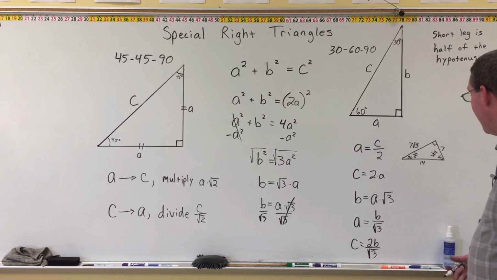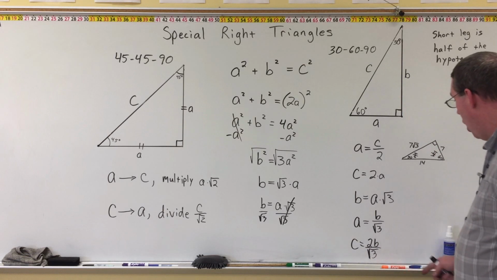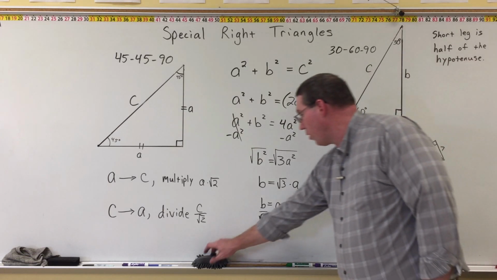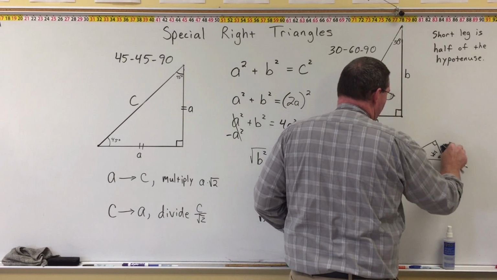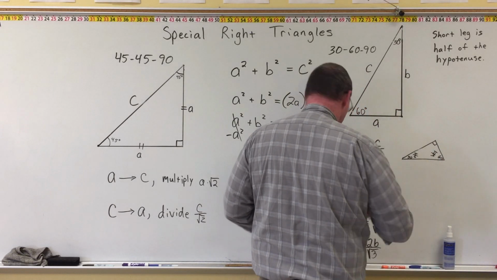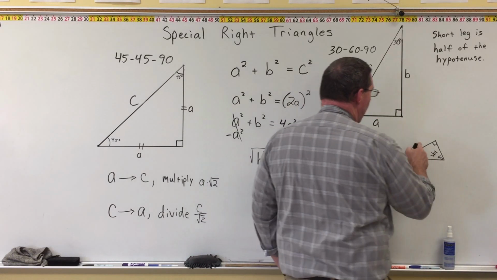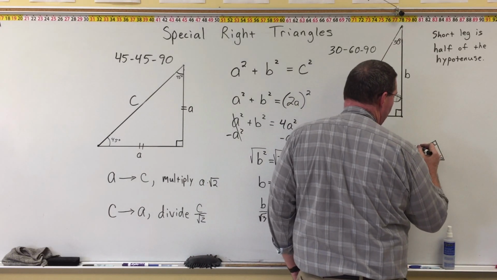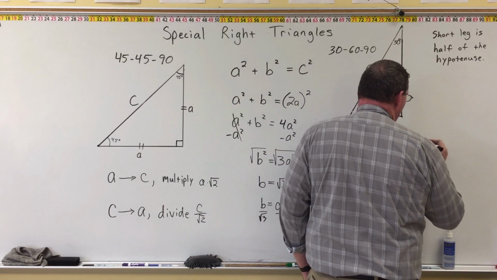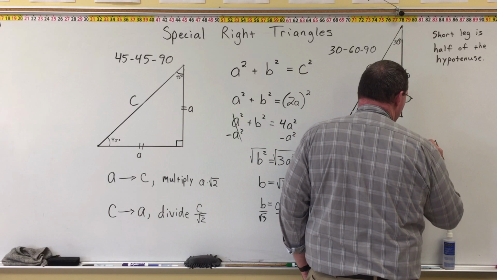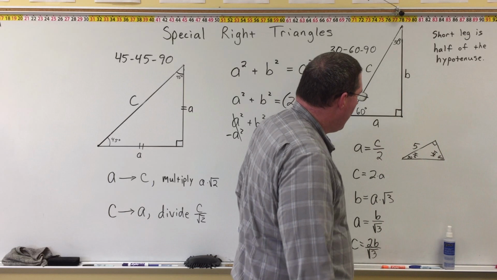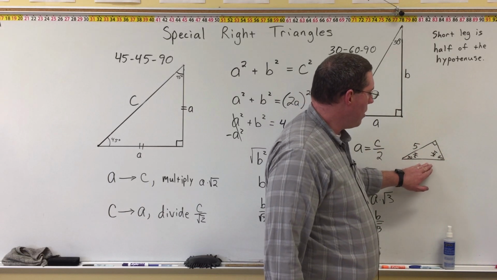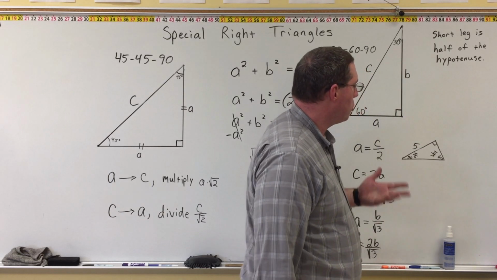And so now, let's say we're starting with b, so I'm going to get rid of this, and this, and this, okay? And let's say I told you that the long leg is equal to 5. I want to know what the hypotenuse is and what the short leg is.